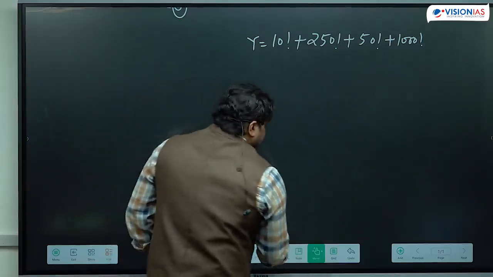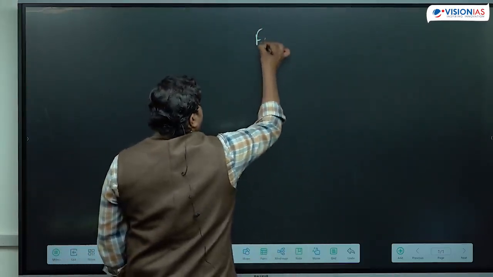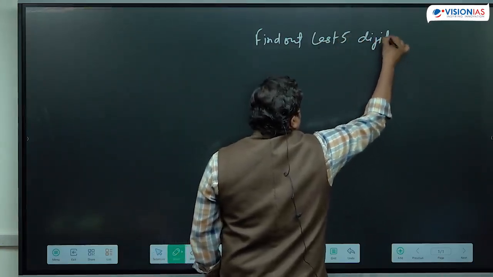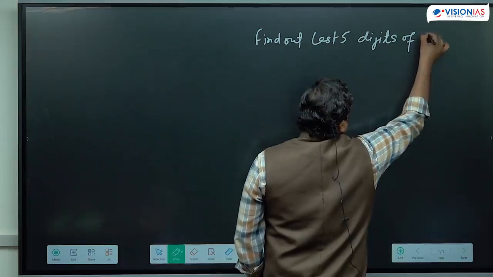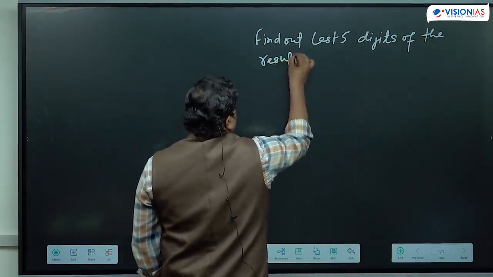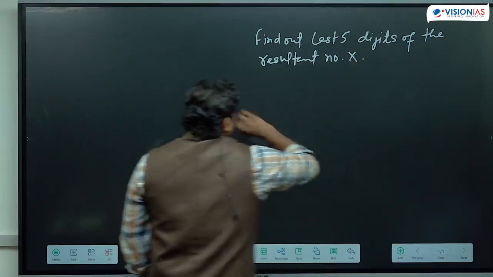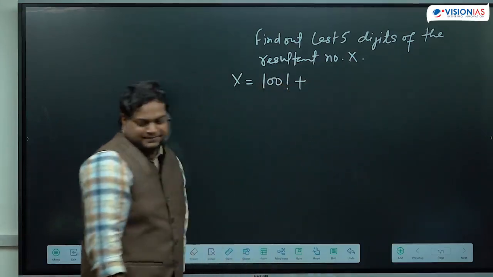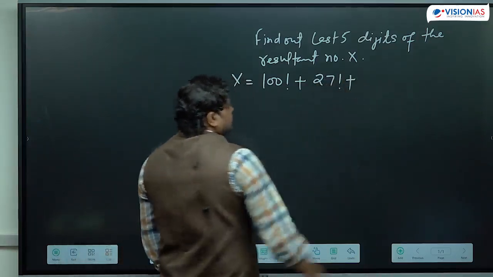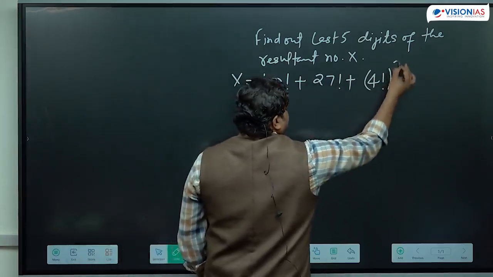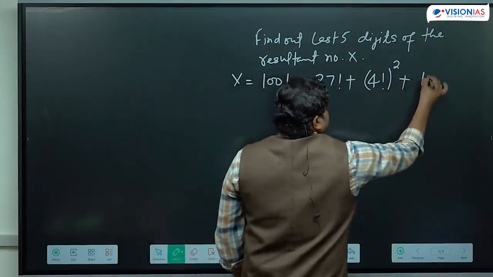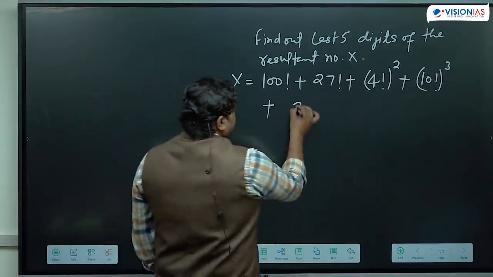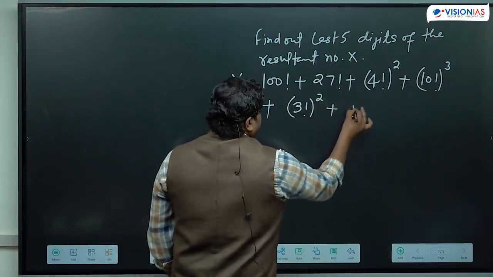Find out, we have already found the zeros. Find out the last 5 digits of the resultant number x. x is equal to 100 factorial plus 27 factorial plus 4 factorial squared plus 10 factorial cubed plus 3 factorial squared plus 1.